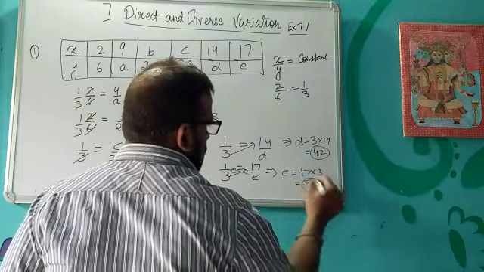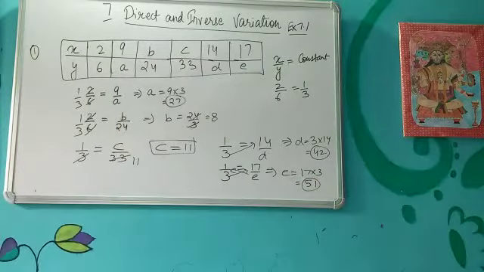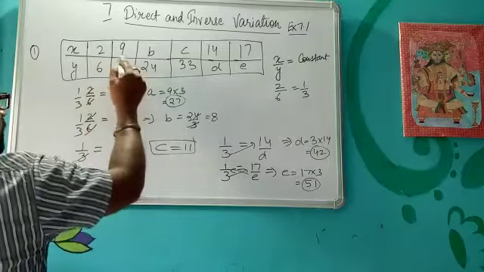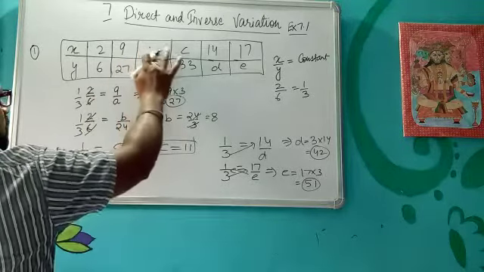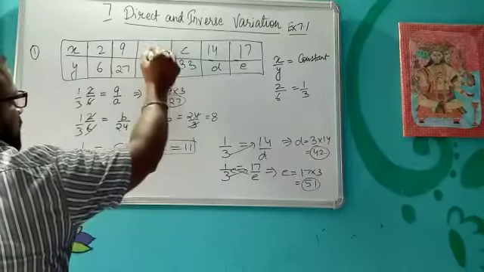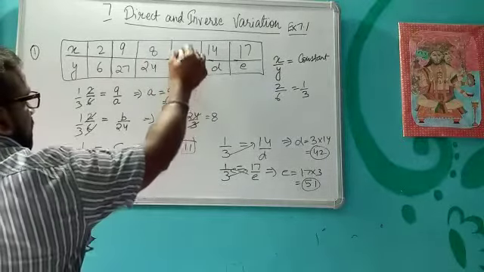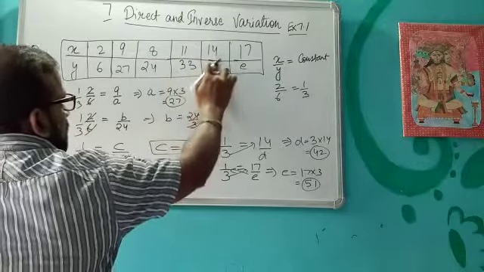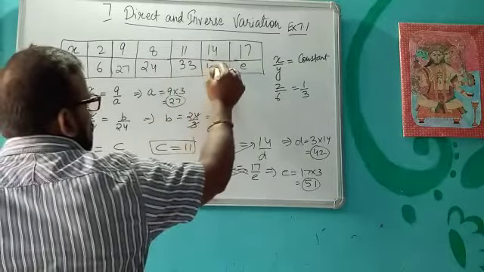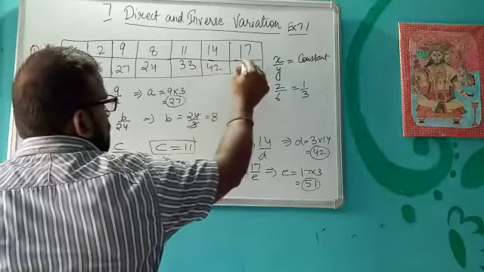51. So these are my answers. a is 27. b we have calculated as 8. c we have calculated as 11. d is 42 and e is 51.